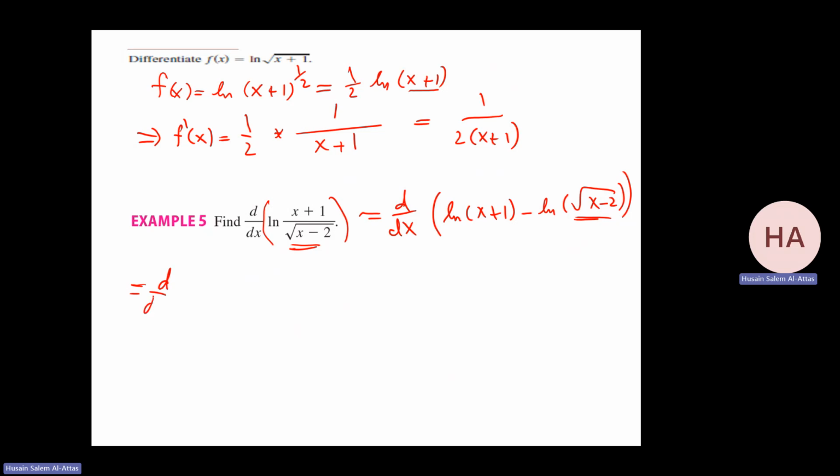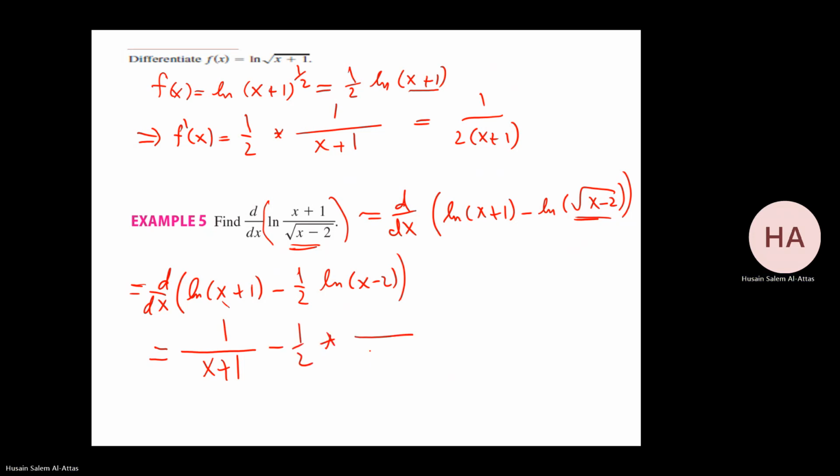So I have d over dx of ln (x plus 1) minus, this is the power half, so that will be half ln (x minus 2). Until now, I did not do any derivative. Now I will do the derivative. That will be x plus 1, derivative of this, which is 1. This is half a number, x minus 2 times 1. So I have 1 over (x plus 1) minus 1 over 2(x minus 2). You can write it in a different way. It's up to you.